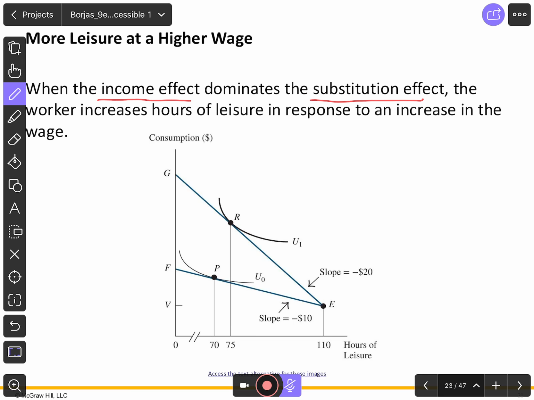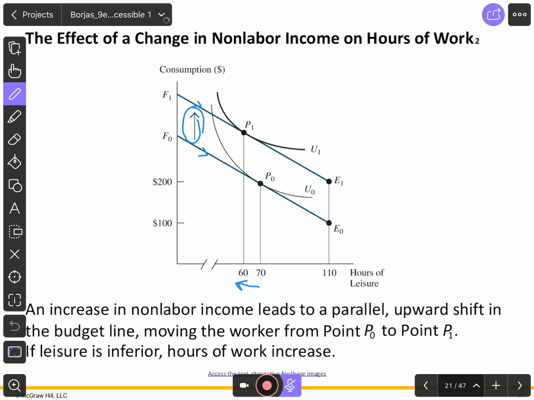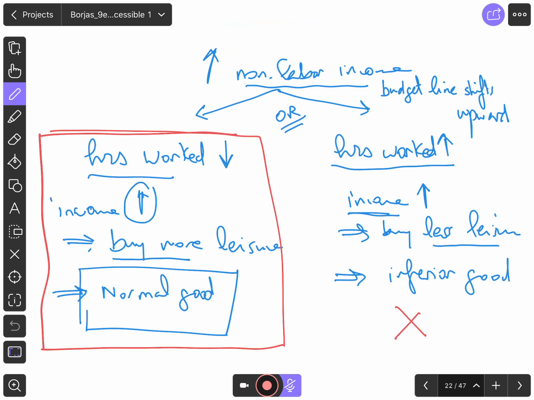Just notice that this is non-labor income. So here we are not talking about wages. These two options that I just discussed are related to non-labor income.